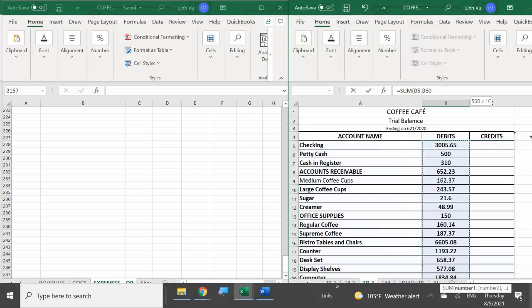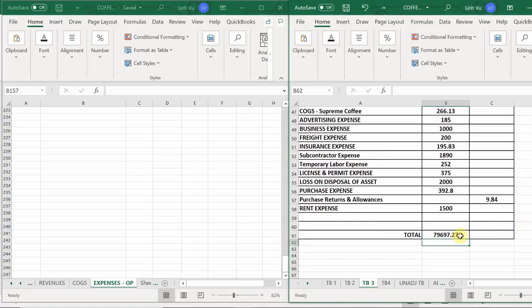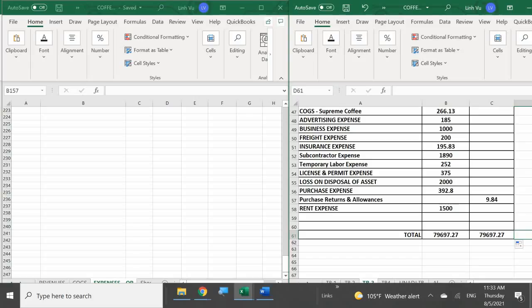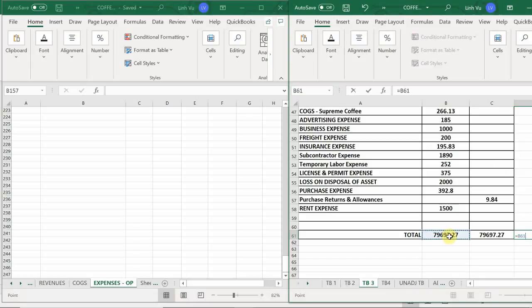Okay. And also run your equal sum across your credits. And usually what I like to do is punch in my formula here: my total debits minus my total credits.